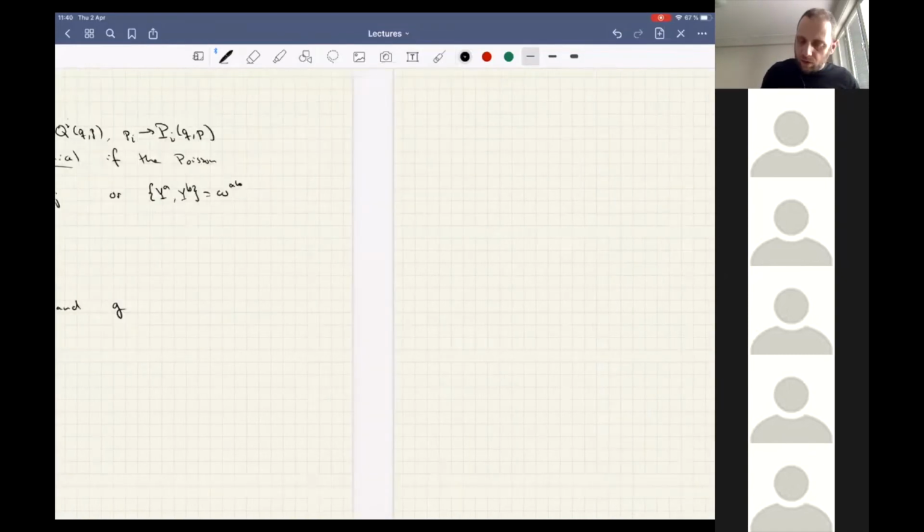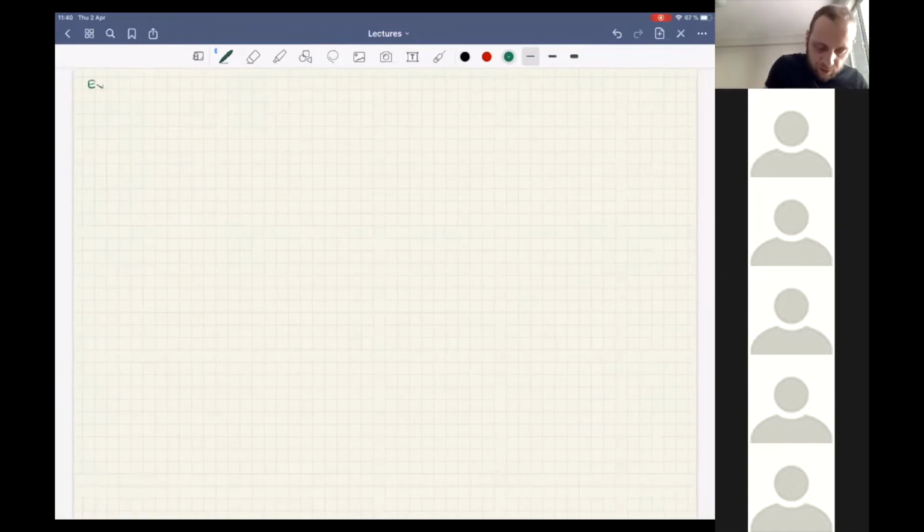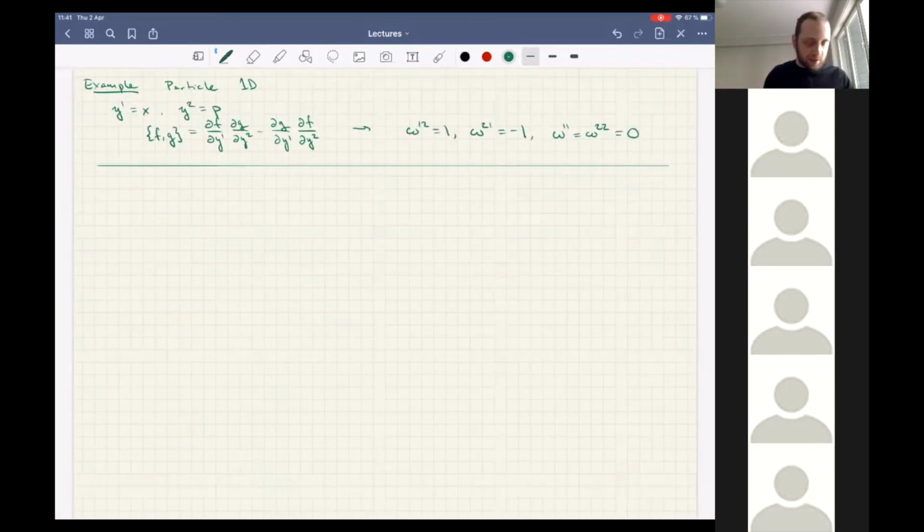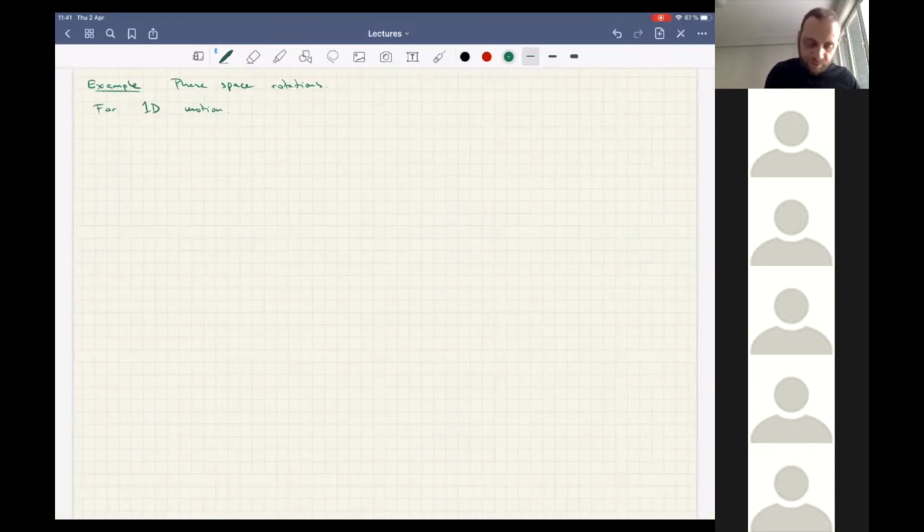So let's look at an example of a canonical transformation. And this example is called phase space rotations. So for one-dimensional motion, we had this example before where we expressed this omega.